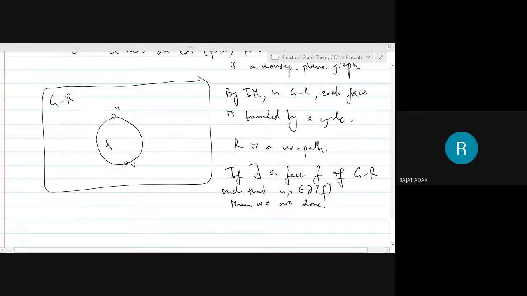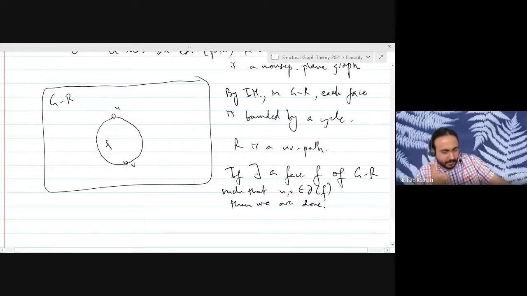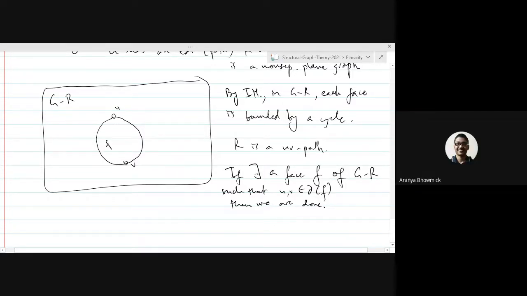Sir, G is given to be planar, right? G is given to be a plane embedding, and we have just removed one path from that to get a plane embedding of G minus R. Since we are beginning with a planar embedding of G, after removing a path or an ear, we are again getting a planar embedding.